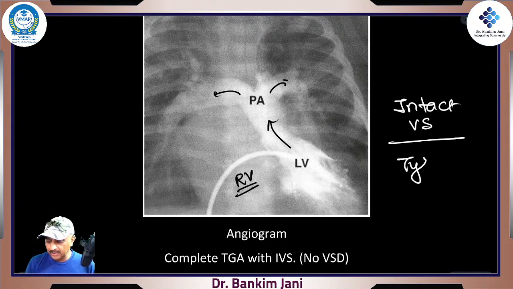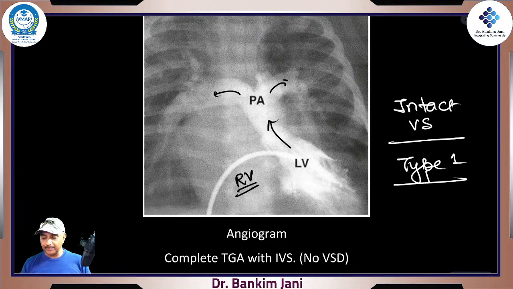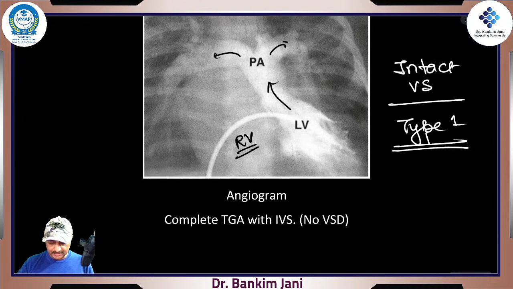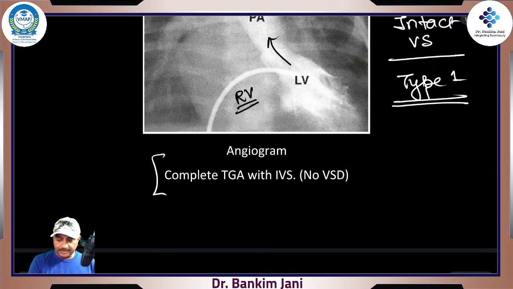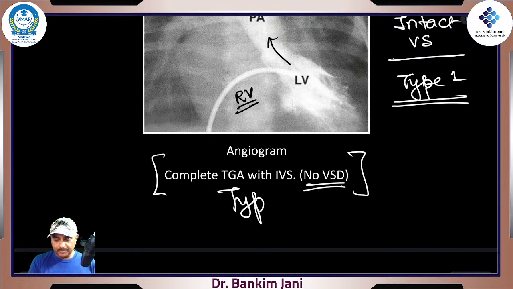So we are talking about type 1, that is confirmatory. This will help in deciding what type of surgery you have to do. So this is complete TGA with intact ventricular septum, that means no VSD, the type 1.